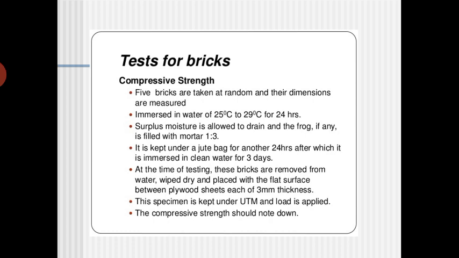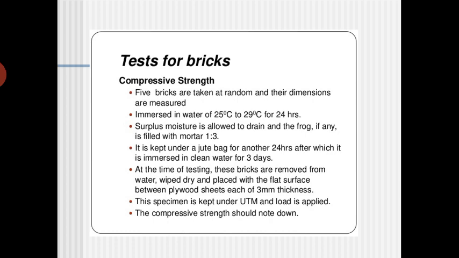A very important thing is that when you take the bricks from the water, make sure that up to 10 to 15% of water content is there, not more than that. You can take the weight as well. After taking, make sure the total increase in weight is not more than 15% of the initial weight. That is why I told you to take the initial weight of the bricks.